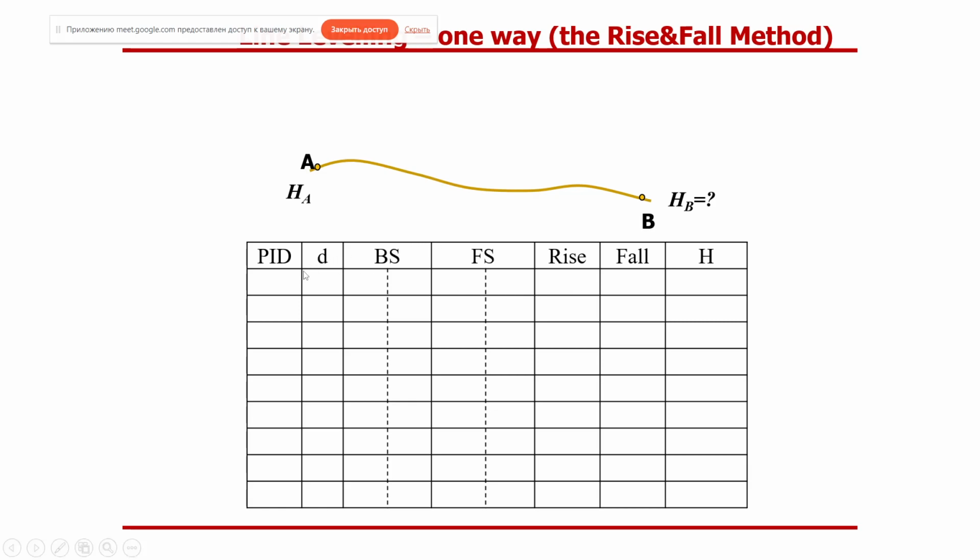We put the point number, back staff, forward staff, rise, fall, and the heights of the points.